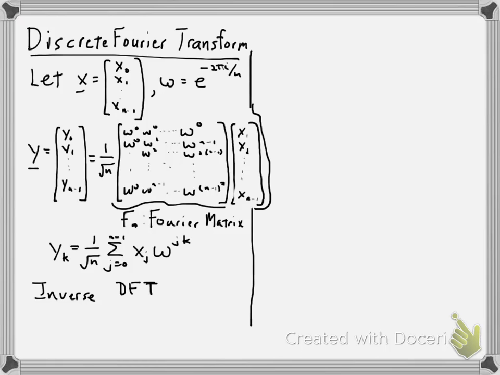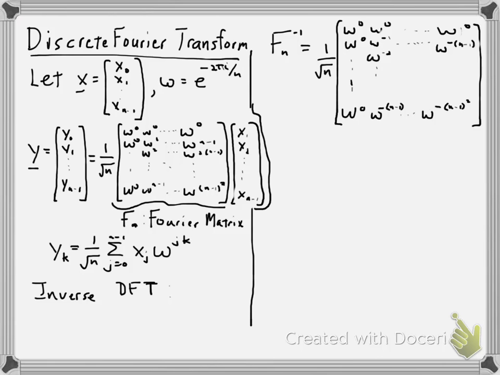So the inverse discrete Fourier transform goes by the following matrix. As you can see, the inverse discrete Fourier transform is basically similar to the discrete Fourier transform, except you see that the exponents of omega have all been negated.